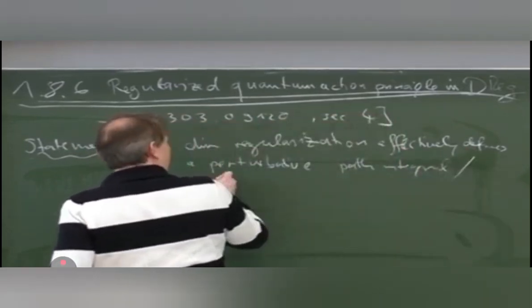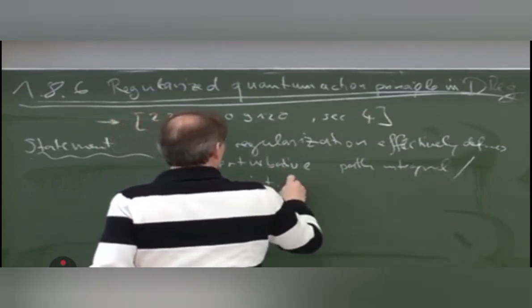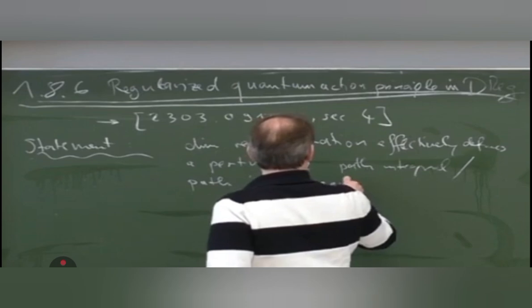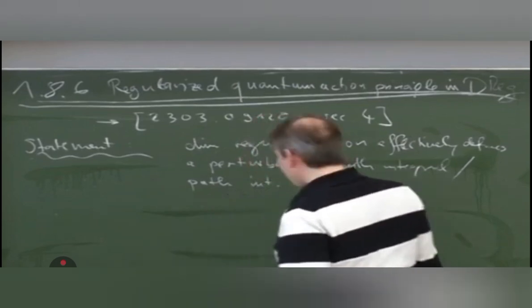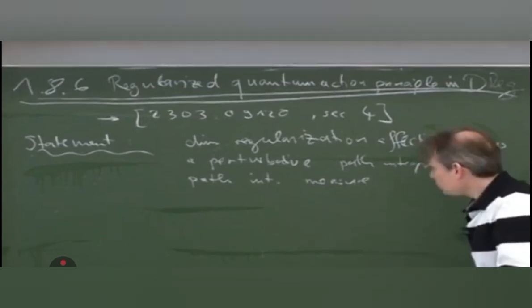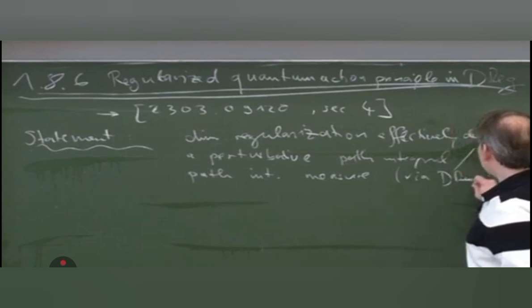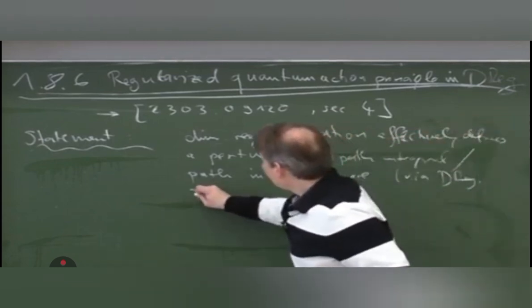So it defines the path integral in terms of Feynman diagrams, and in this way it also defines a path integral measure, of course, with certain properties which are defined via dimensionally regularized Feynman diagrams.